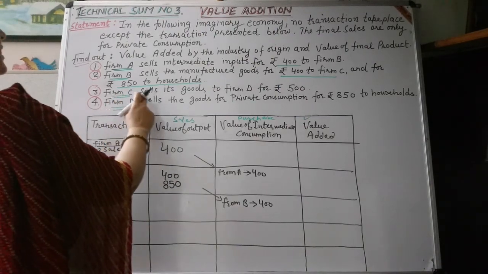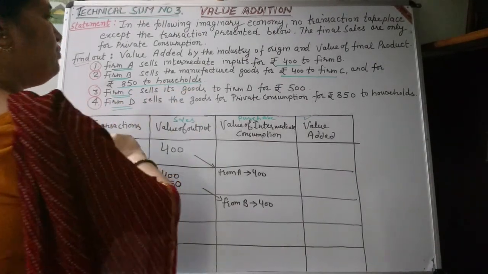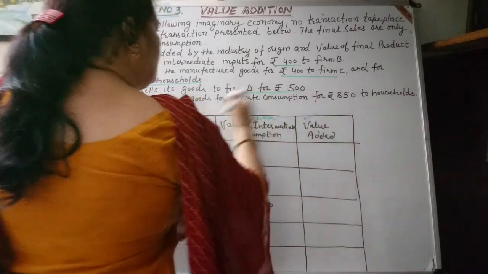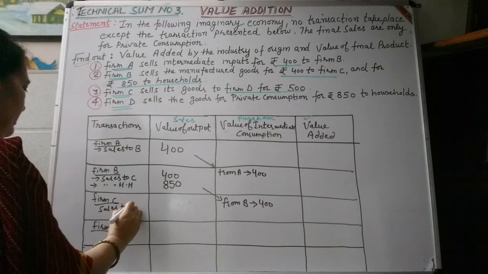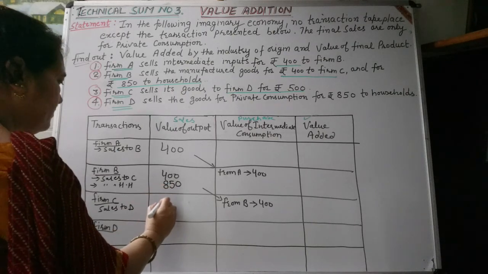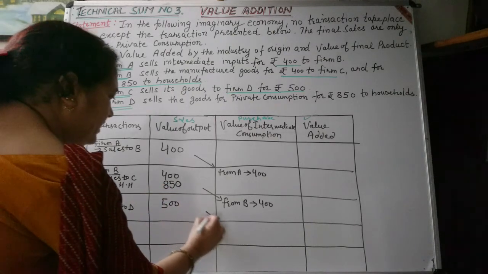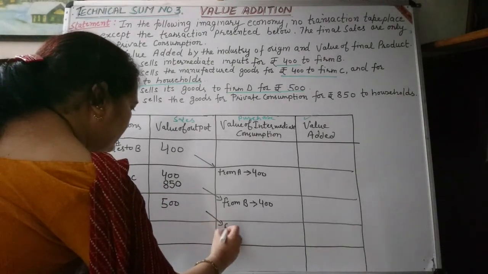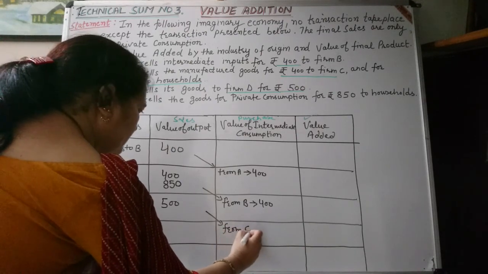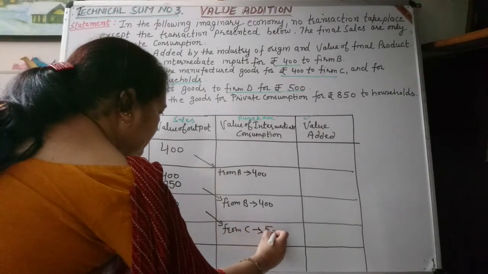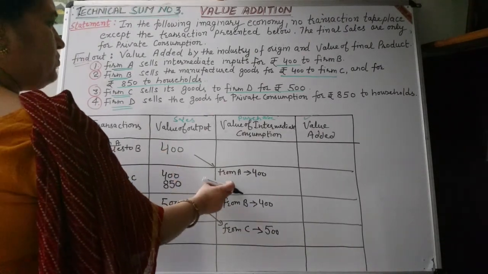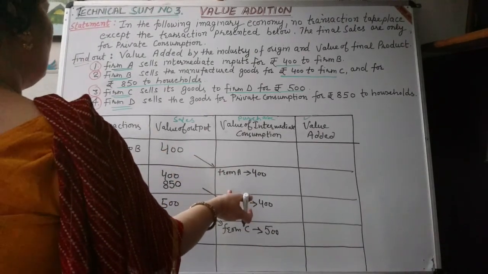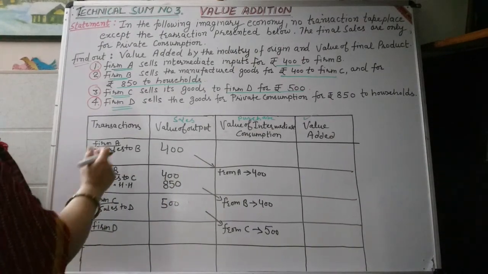Then firm C sells its goods to firm D worth rupees 500. Firm C sales to D worth rupees 500. It means firm D purchases from C worth rupees 500. It is a double entry system. One firm's sale is considered the next firm's purchase.